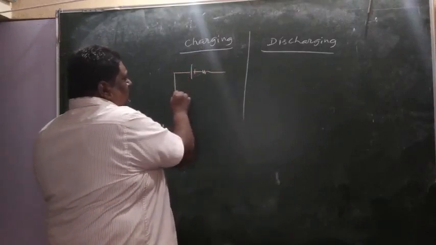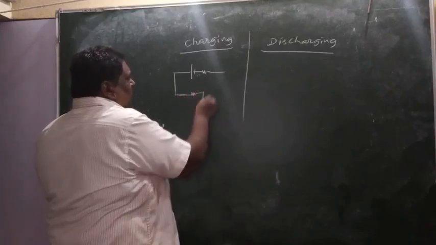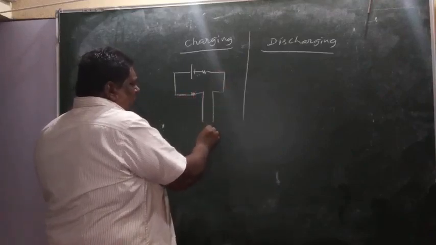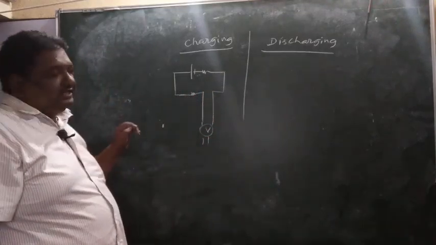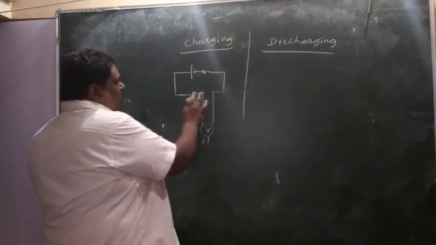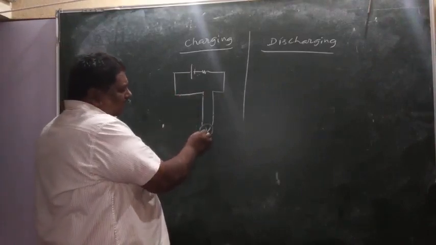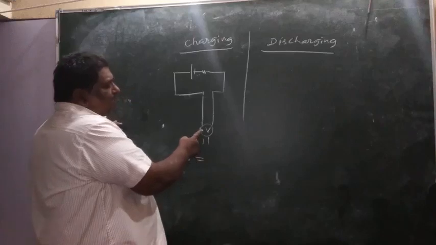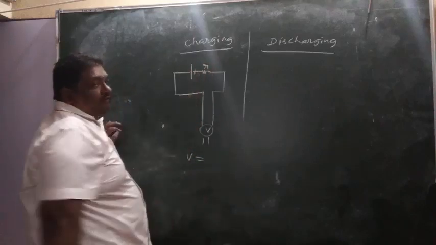Therefore, here one cell is there. Of course, internal resistance is present. Here one external resistance is present. So V voltage is supplied here. Here what happened? Internal resistance only I have taken. Here V is supplied. Some part is lost here as back EMF.